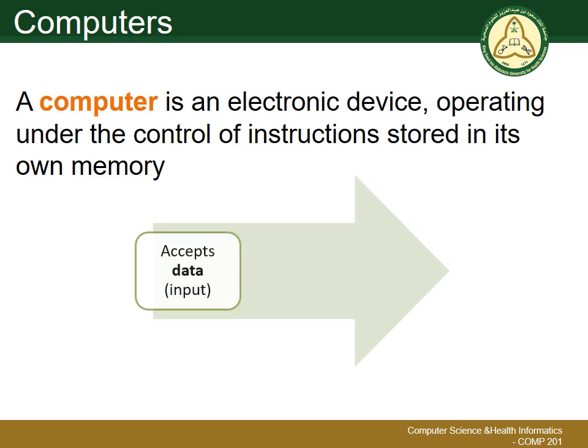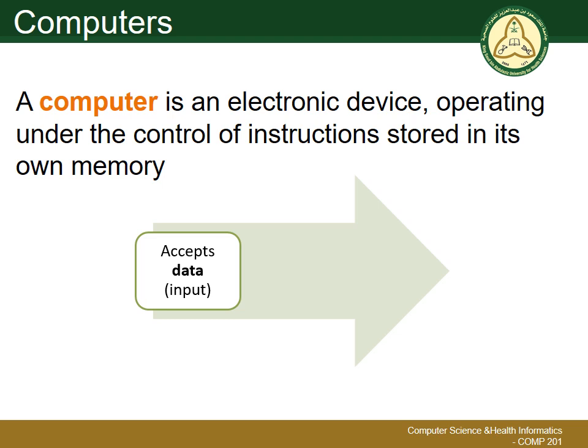Now let's define what we mean by a computer. Maybe every single day you hear the word computer. What is a computer? A computer is an electronic device. This device is operating under the control of instructions stored in its own memory.